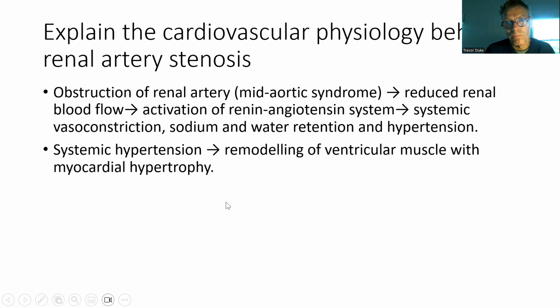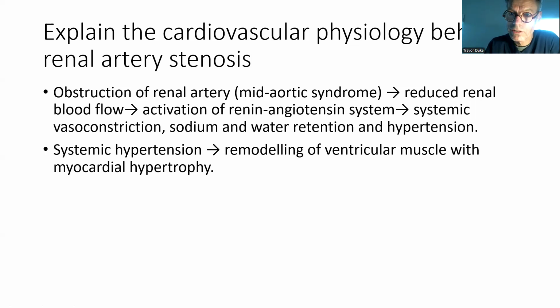Firstly, when there's obstruction to renal blood flow, like in so-called mid-aortic syndrome, if there's a coarctation or some obstruction to renal blood flow, then there'll be reduced blood flow to the kidneys. And anything that causes reduced blood flow to the kidneys activates the renin-angiotensin-aldosterone system.